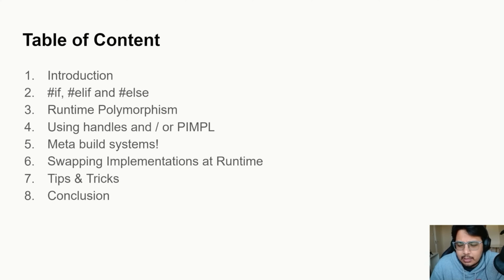And then we're going to look at meta build systems. We're going to discuss how meta build systems can help us with creating our abstraction layer. And then we're going to discuss the possibilities of making it work at runtime, swapping out implementations at runtime. Before I close off the presentation, we're going to go through some tips and tricks that I personally use when creating an abstraction layer.